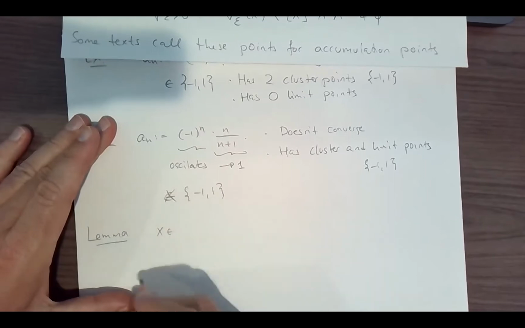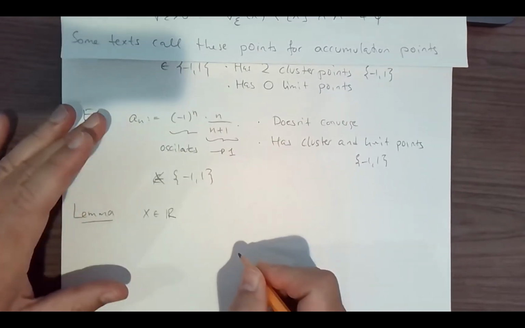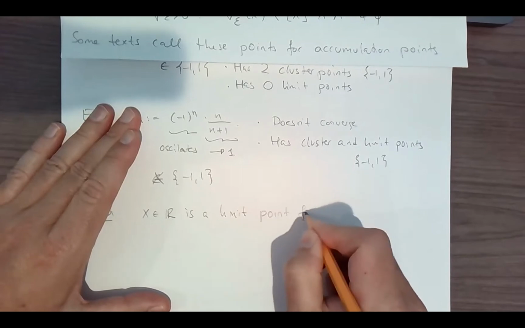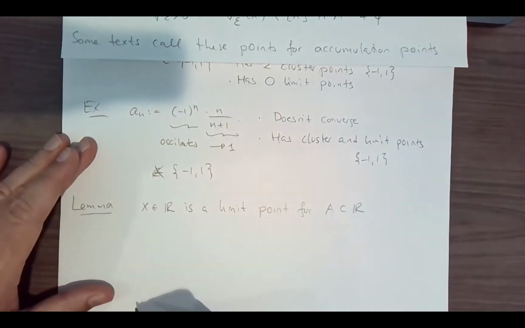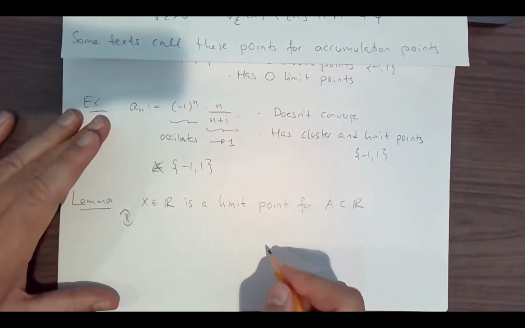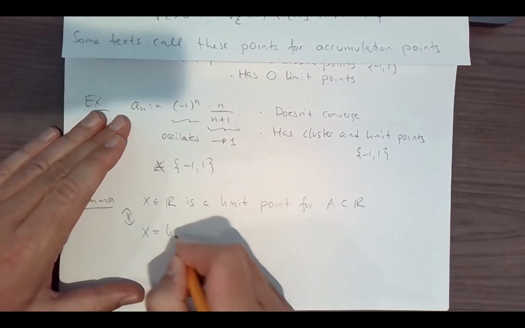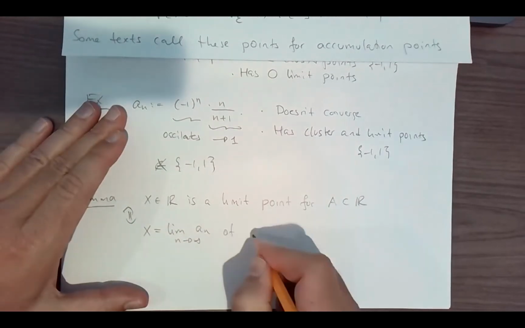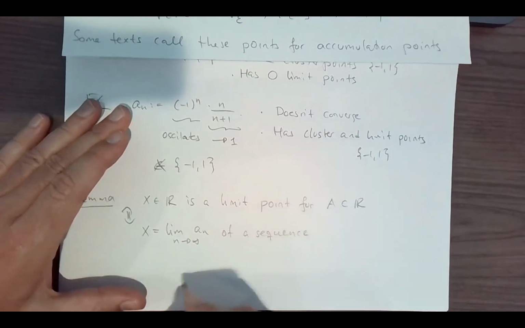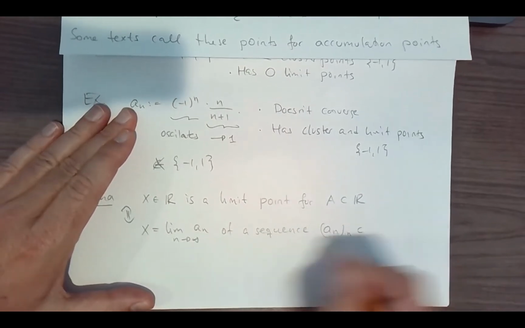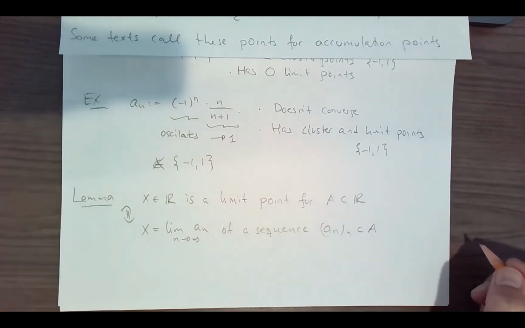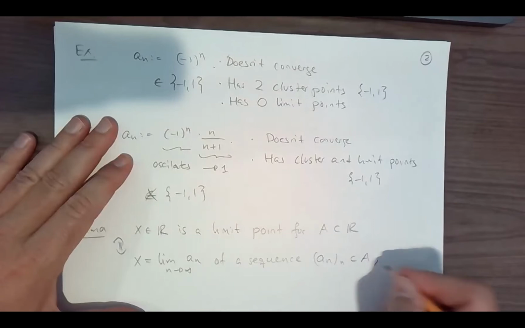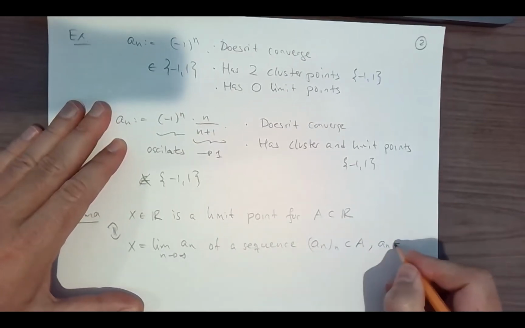Right, so let me just write it down in R. x in R is a limit point for a set A if and only if x is the limit of a sequence an that's inside A. And we always have to remember this less than, so I need to make sure here that an cannot be x.